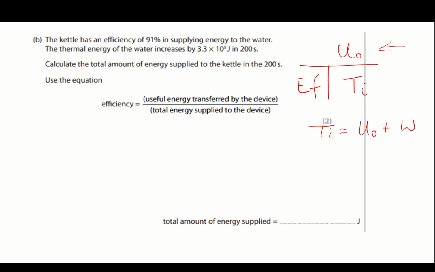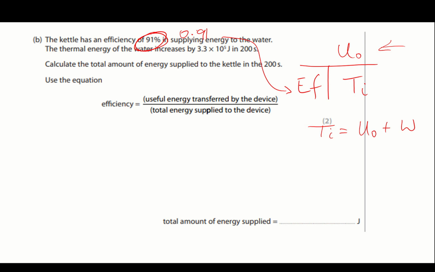So the kettle's got an efficiency of 91%. I also said to you, don't use the percentage. I mean, you can if your maths is fabulous, but just change that to 0.91 and use that in any calculations. Otherwise, you've got to deal with rearranging equations with 100 as an additional number to deal with.